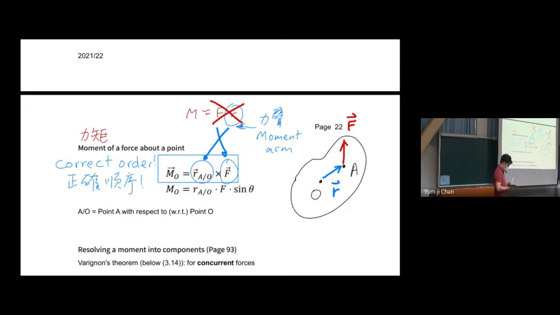This means point A with respect to point O. These three are the same. You can write OA, you can write ROA, or you can write RA with respect to O.